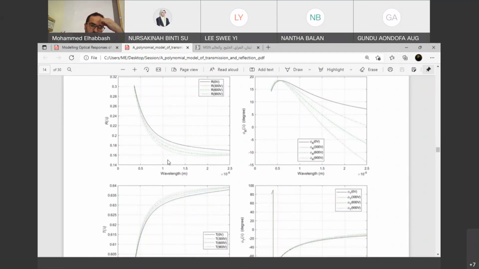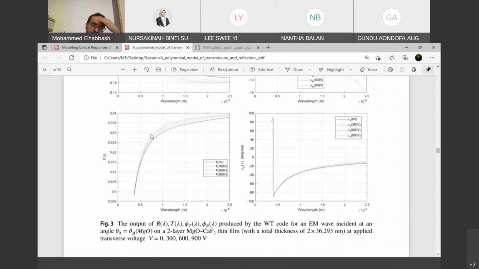This means that when we applied a transverse voltage through our sample or multilayer, the reflection is changed. Also, the phase of the reflection is changed. The transmission is not attenuated, but enlarged or enhanced when we applied a transverse voltage.